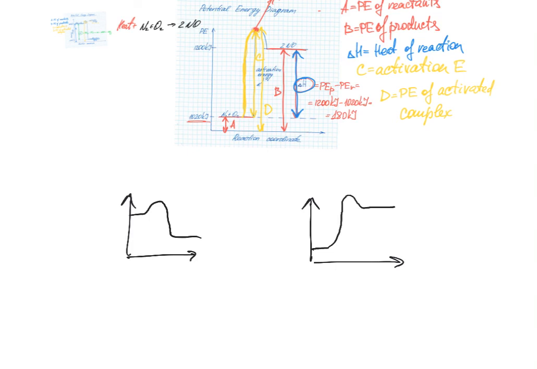So this one over here is the exothermic reaction potential energy diagram, and this one is the endothermic reaction.